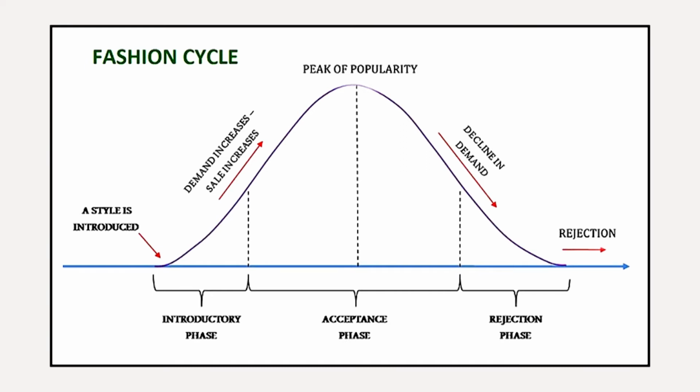Next comes the rejection phase, where there is a decline in demand, generally because another style has taken its place and people are trying something new and are bored with the current style. But it does not stop there. After the rejection phase, it usually resurfaces in a slightly different form.